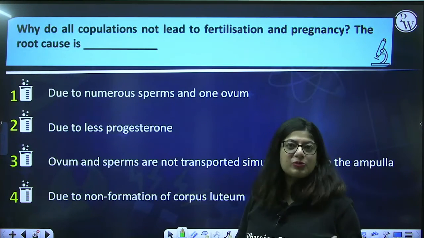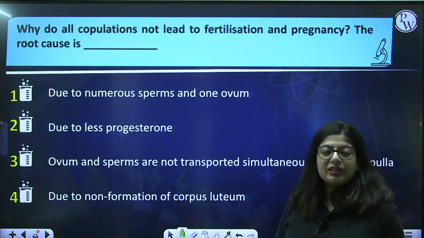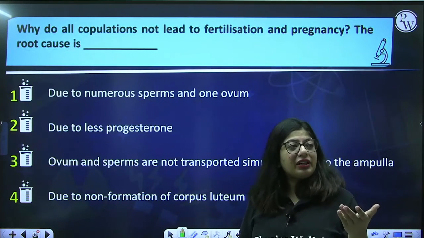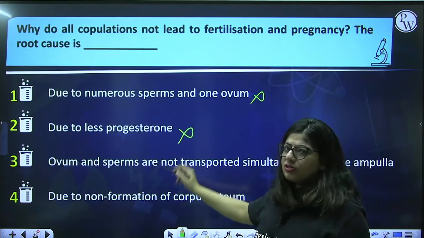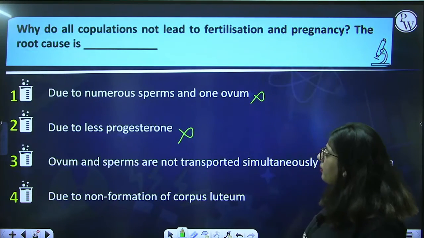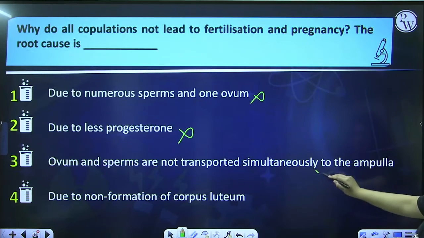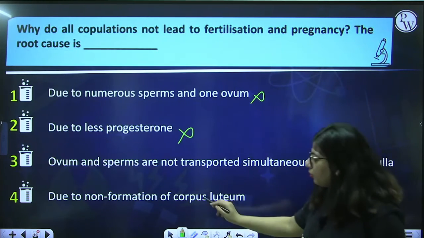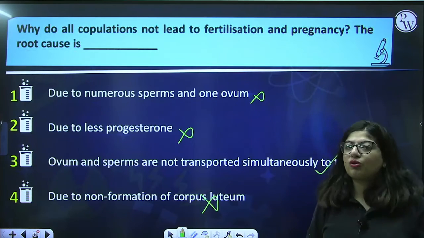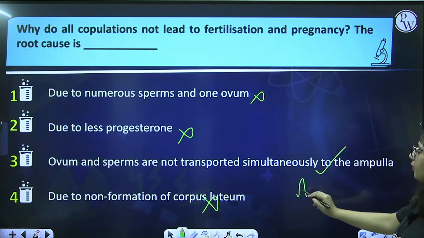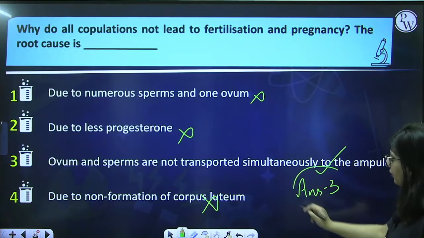No, that increases probability. If one gamete is increased in number, that will increase the probability. So, that is wrong. Not due to hormones, hormones have no role here. Ovum and sperms are not transported simultaneously to the ampulla, very true. Due to non-formation of corpus luteum, as I have told you, no role of hormones, no role of corpus luteum. So, this is true because both have to reach at ampulla simultaneously.